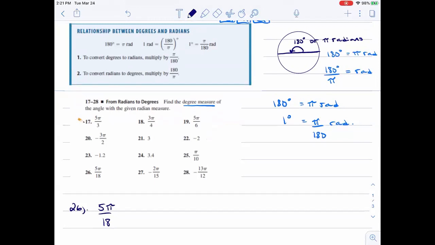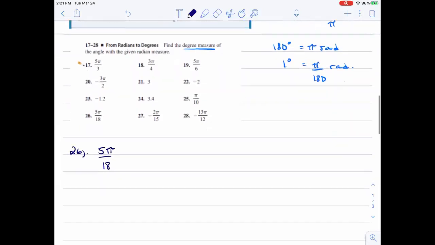If I want to find the degrees of this, I have the radians of 5 pi over 18. To convert radians to degrees, I multiply by 180 over pi.